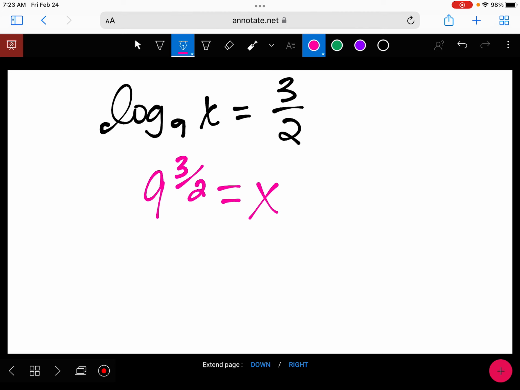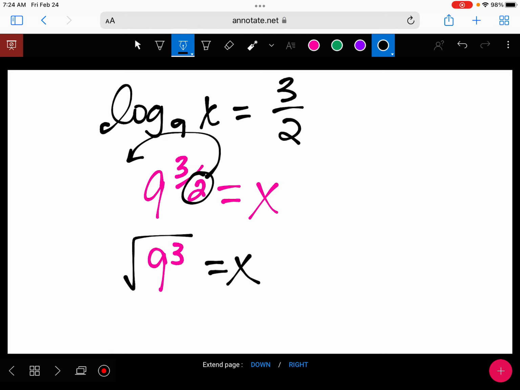Stays as the power. And what's the 2 do? Becomes the root. Remember, top stays, bottom goes. Okay? What is going to be easier, taking the square root of 9 or taking the 3rd power of 9?